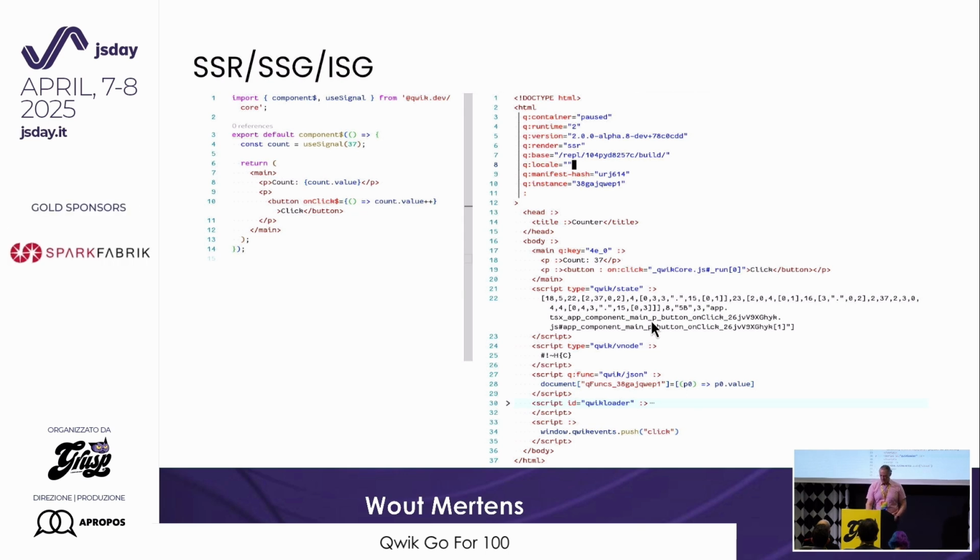What is important to know is that here there's a script called Qwik Loader, and it's like 2 kilobytes compressed. It just goes in line with the HTML page, and as soon as the HTML page runs, it sets up handlers for all the events that the Qwik application needs, and then when you do a click, it will store it until the framework is ready to process it.